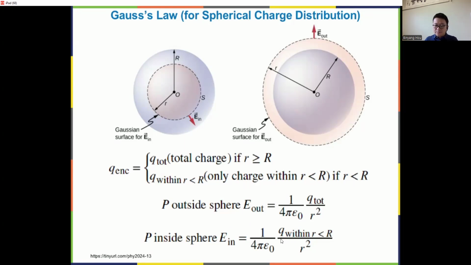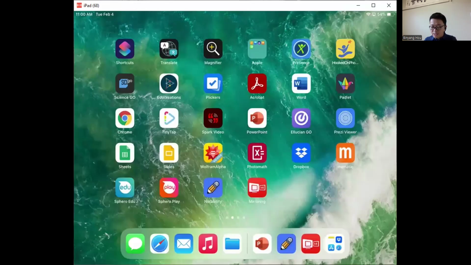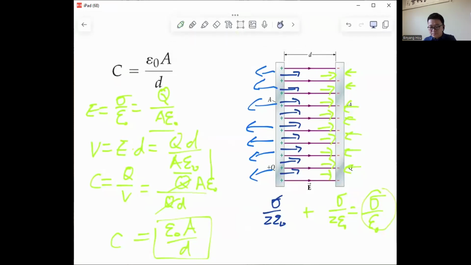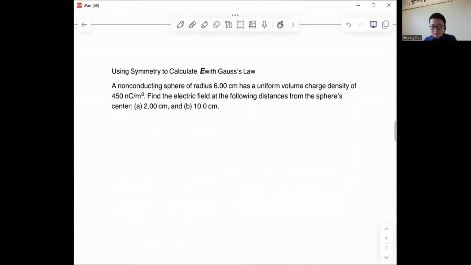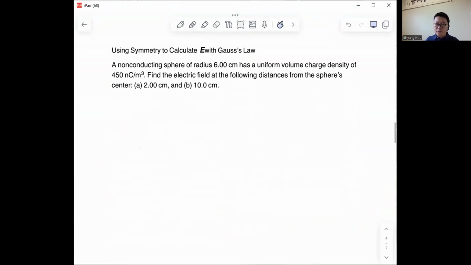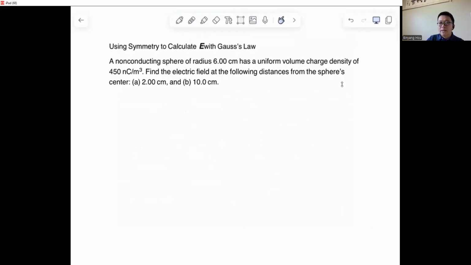I'm going to switch here again and show you how that can be done by looking at one example. Here it says a sphere having radius R, and a uniform charge distribution rho is given. This will be the rho, and this is the radius R of the sphere.